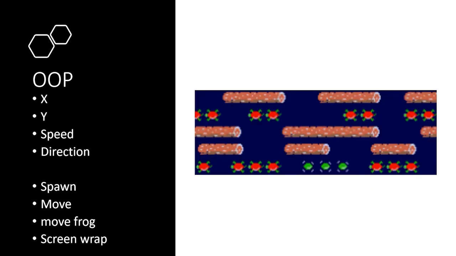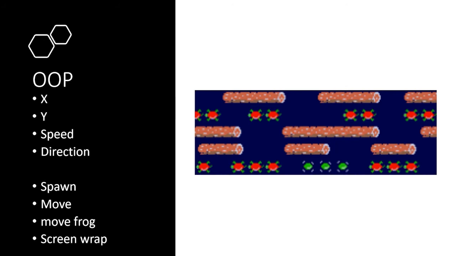They all have an X and Y, their position on the screen. They have a speed and they have a direction. In terms of their methods, they spawn, they're created, they move as the game is playing, and on contact with the frog, they kill the frog. They also screen wrap, so when they appear at the edge of the screen, they also appear on the opposing side of the screen, so they wrap around.